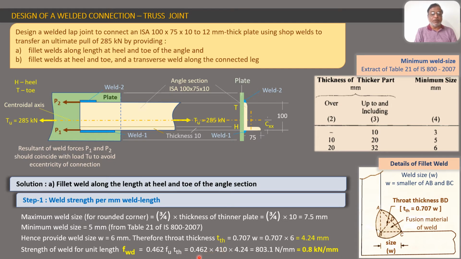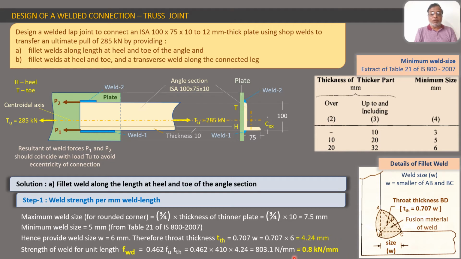So this finally amounts to 0.462 into 410, where 410 is the ultimate strength of the weld, into 4.24, the throat thickness. So this works out to be 0.8 kilonewton per mm.